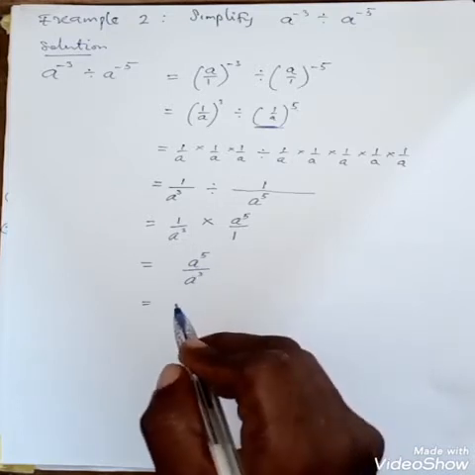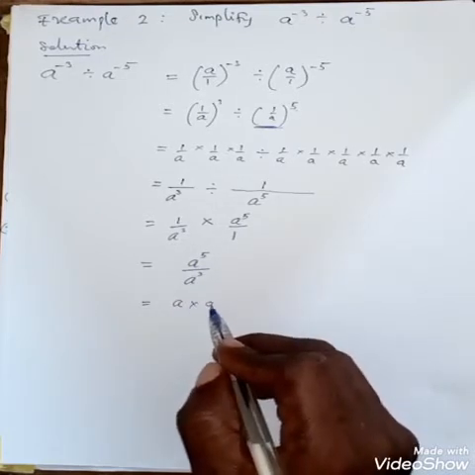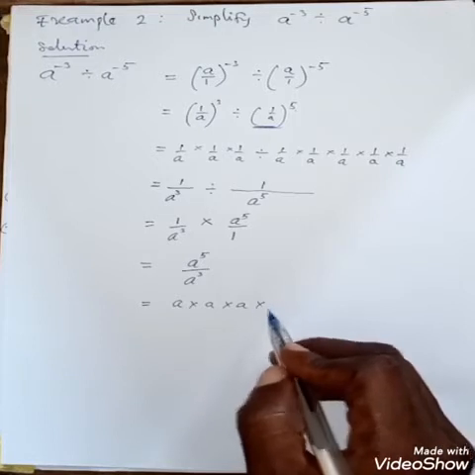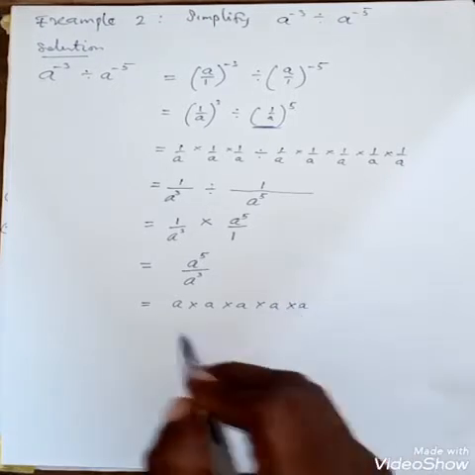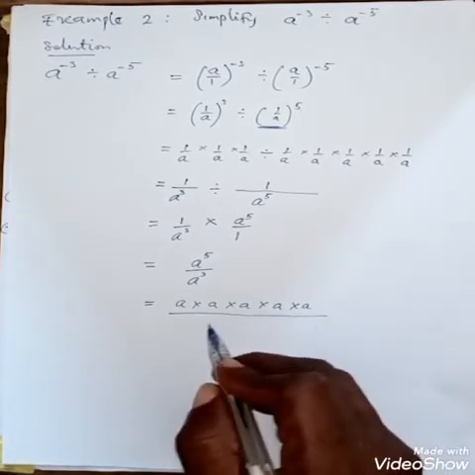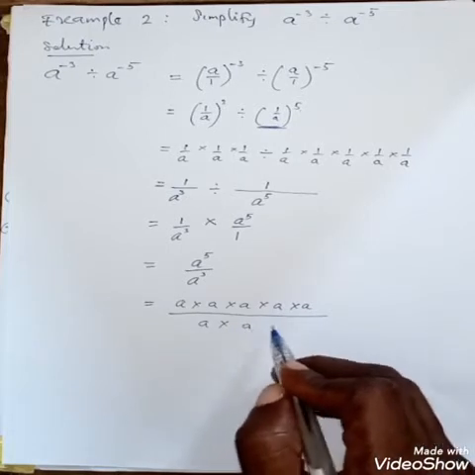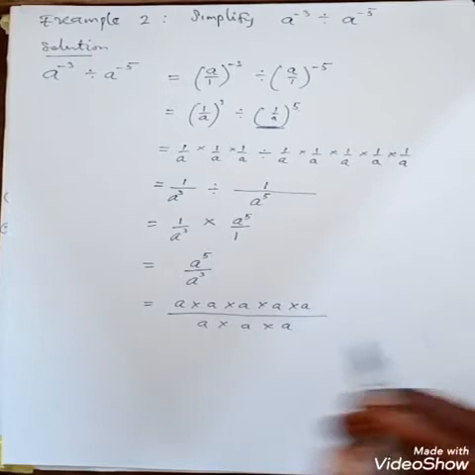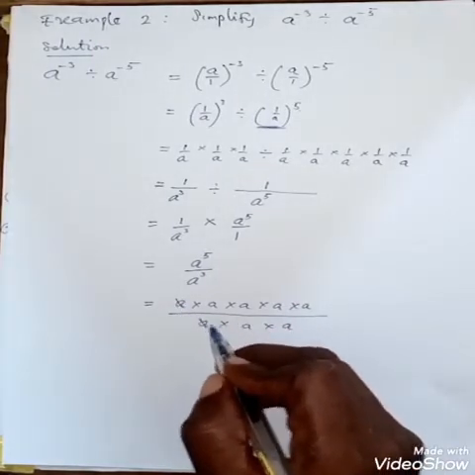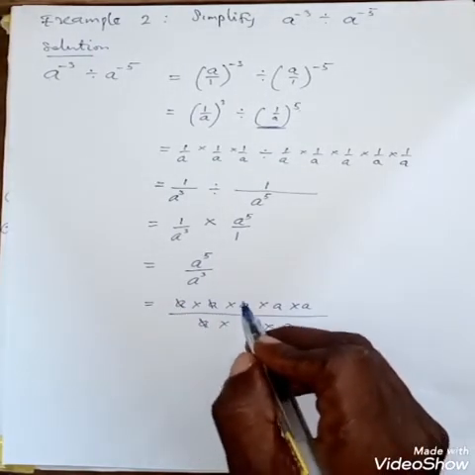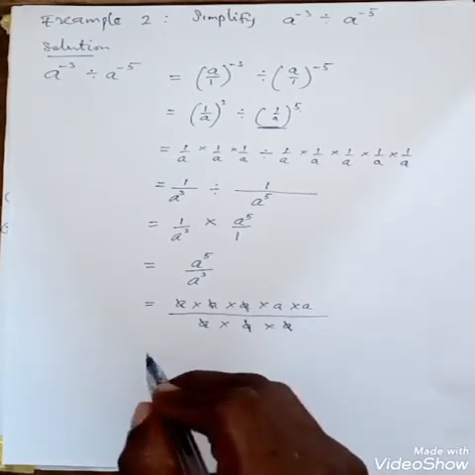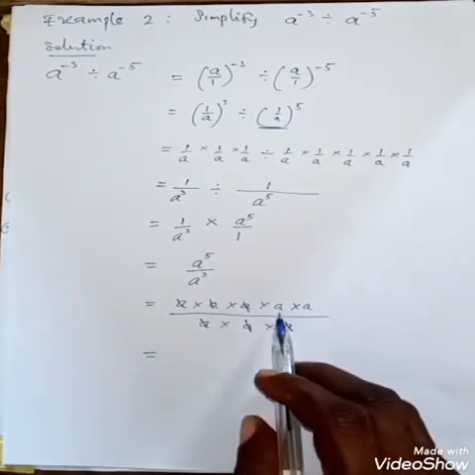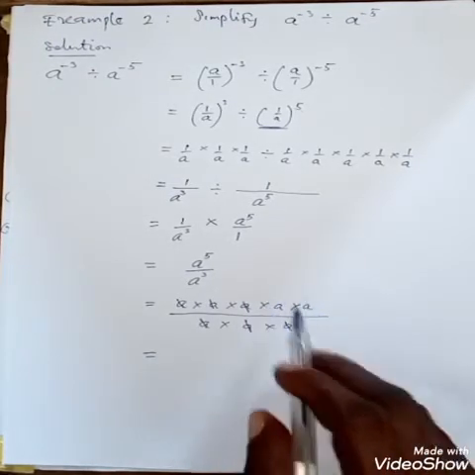So getting our answer means we will split this one into its smallest form as well as this one. So a raised to power 5 is the same thing as saying a times a times a times a times a, everything here over a times a times a. And we are going to divide where possible. This will cancel this, this will cancel this, this will cancel this. So the result we have now is what? a being repeated 2 times.